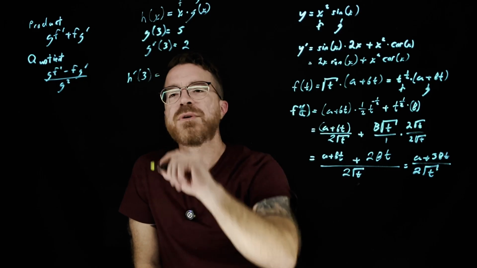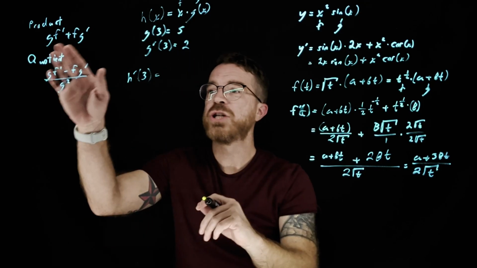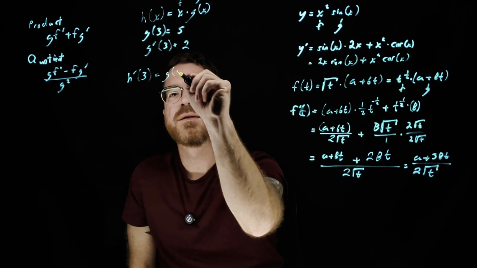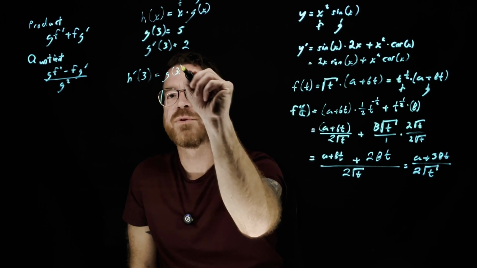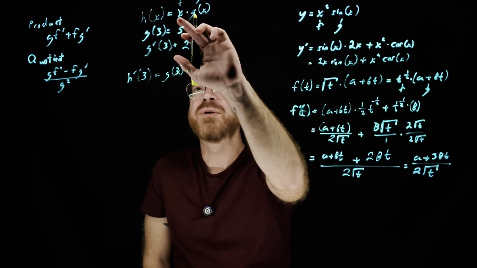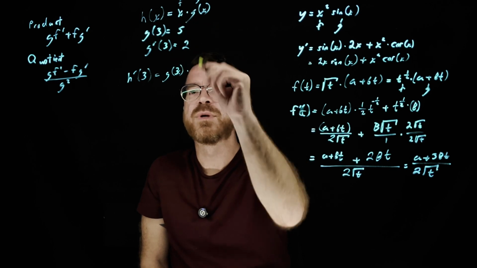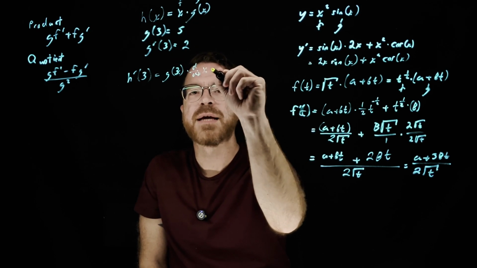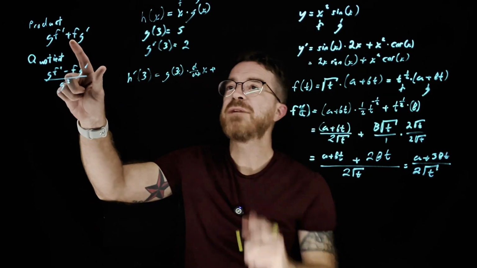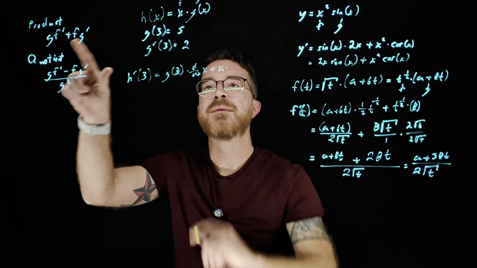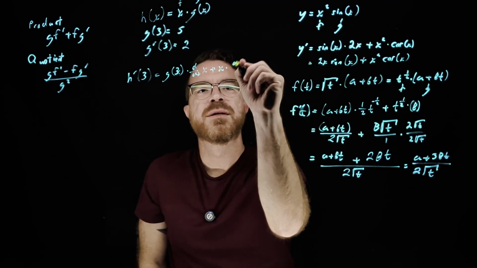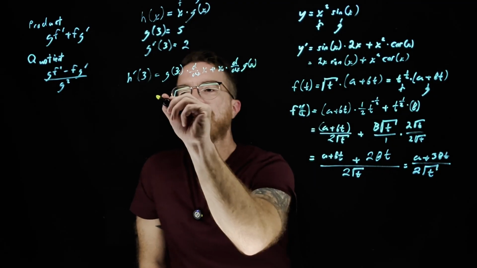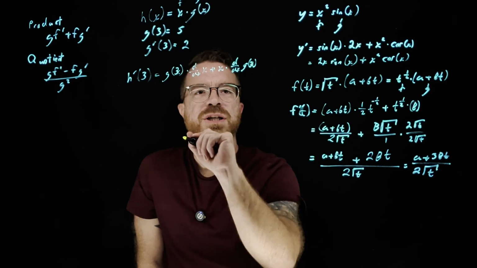So whenever we're solving for this, we know that we want to take g f prime. So in this case, we're going to take g of x, which in this case is g of 3, times the derivative of x, which is d dx x, plus. Now we're going to leave f alone, so this is going to be x times the derivative d dx of g of x, which in this case is g prime of 3.